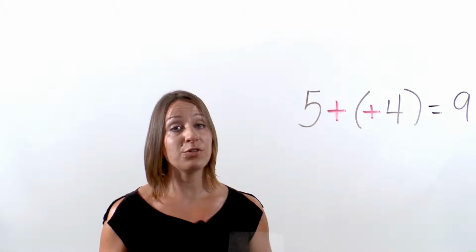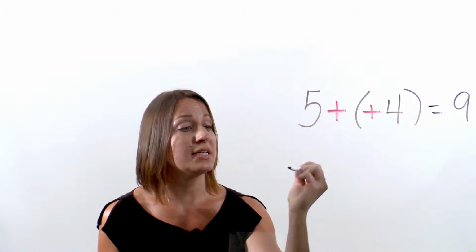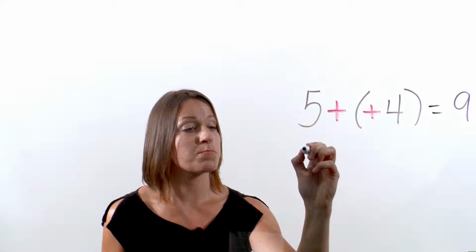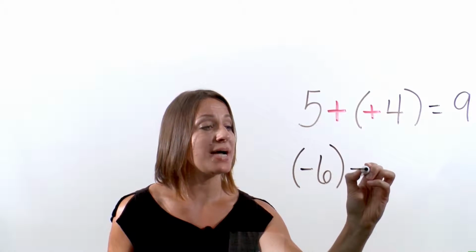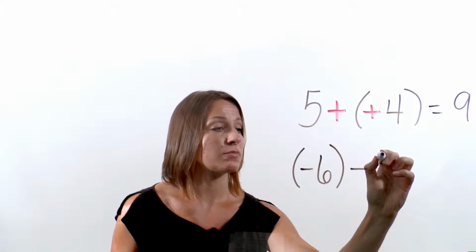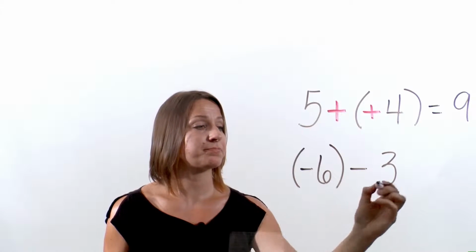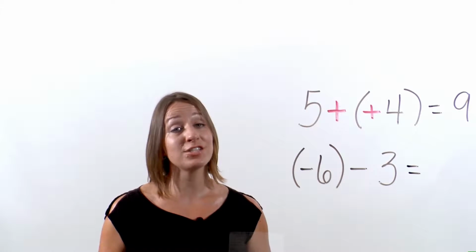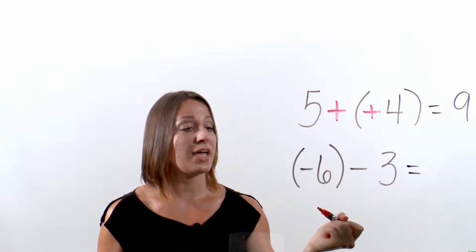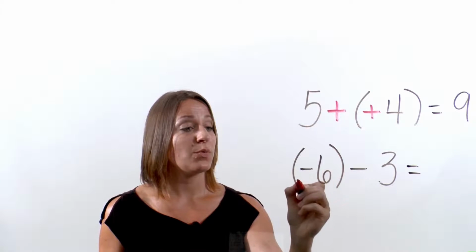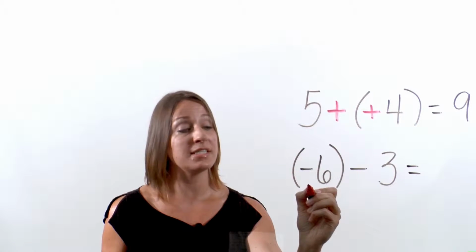Let's go through another example. Let's say you have negative 6 minus 3. Starting to look complicated, isn't it? If we're going to add the opposite, we keep this negative 6 the same.